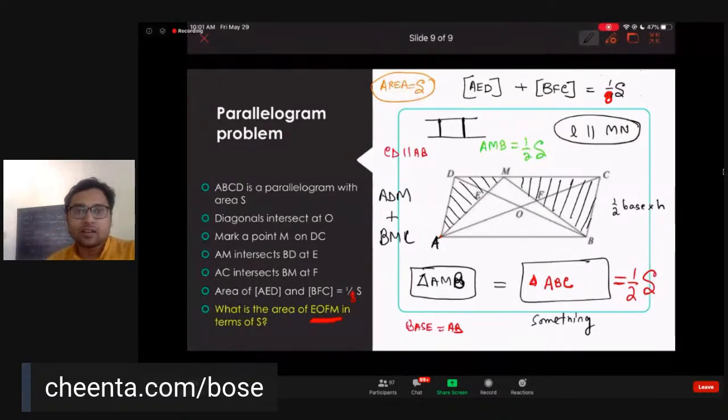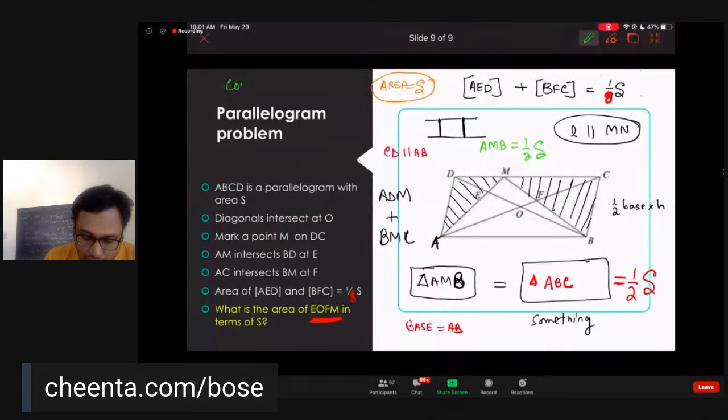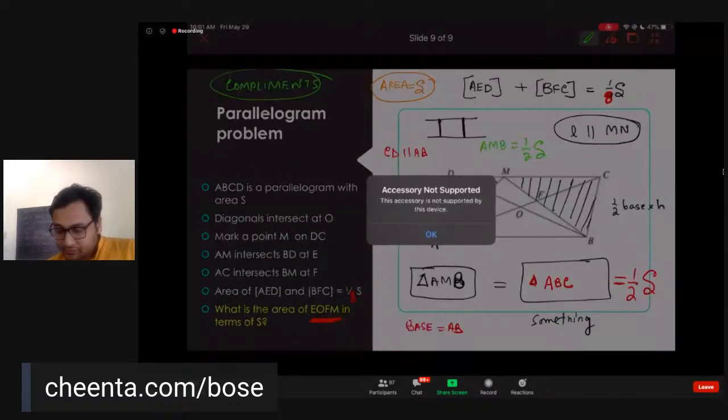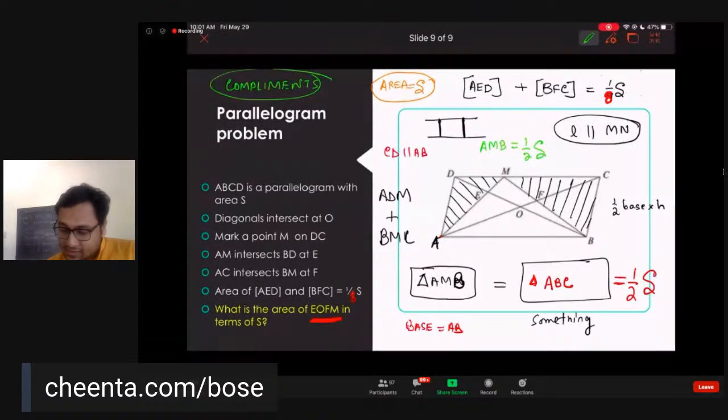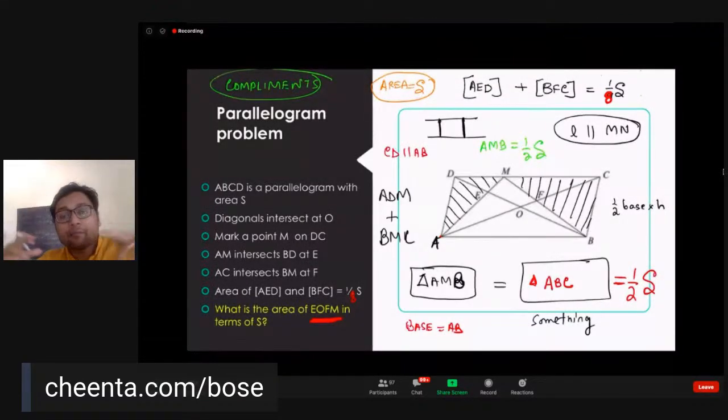This method is sometimes known as the method of complements. To find ADM plus BMC, we remove AMB from the parallelogram ABCD.